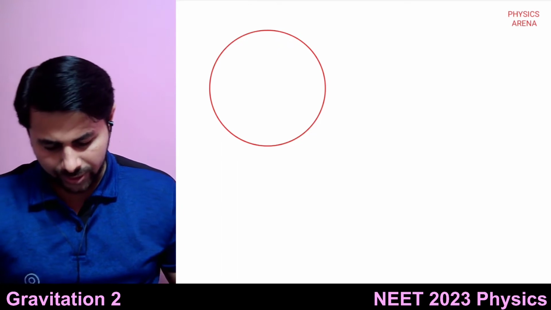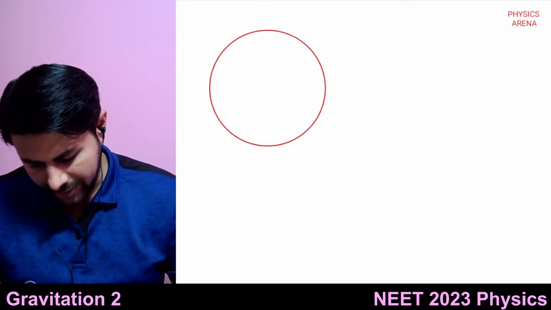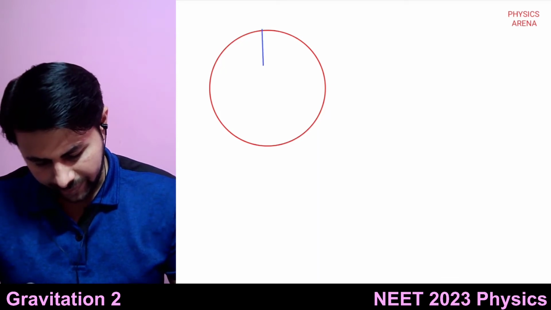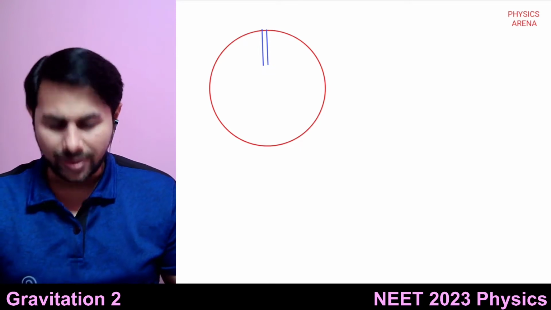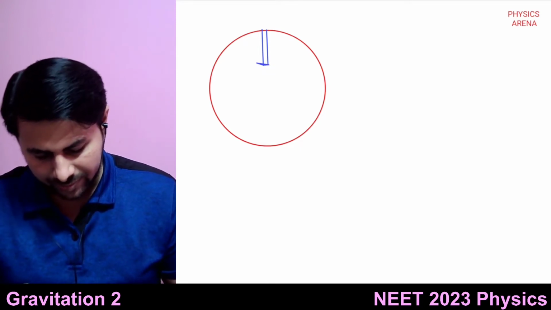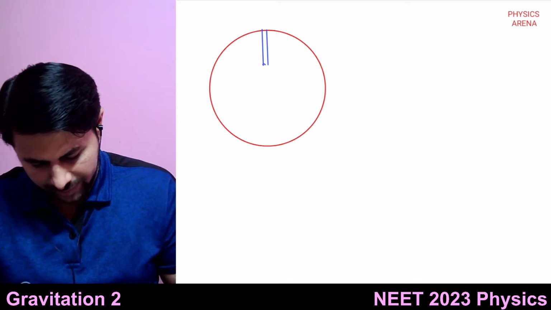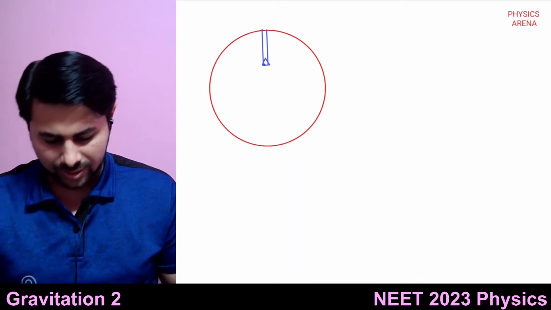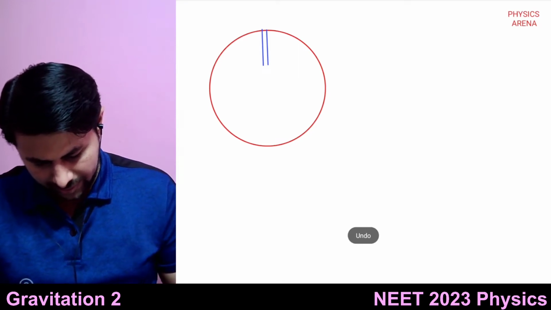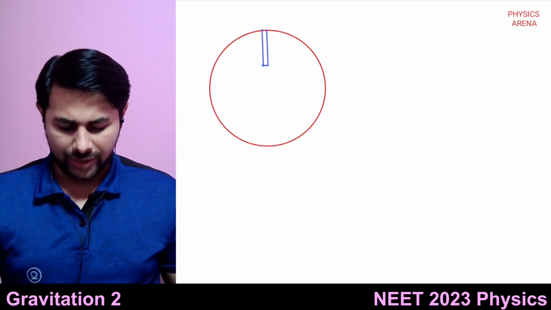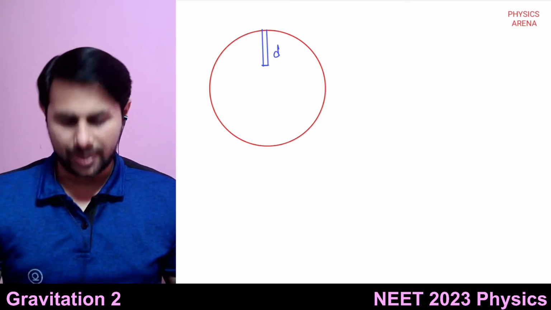Now what we will do is imagine a well. We'll dig a well inside Earth, and the well is deep, right? So we are going to this point at depth d below the Earth's surface.